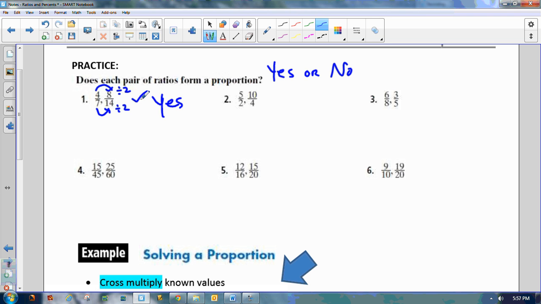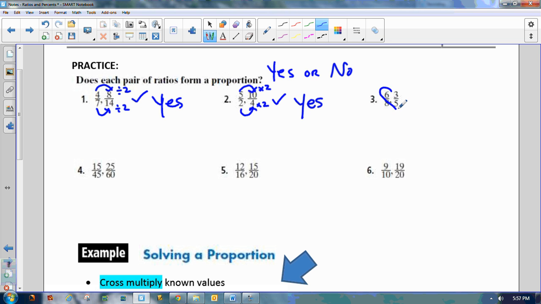Looking here at number 2, 5 to 10, I would have to multiply by 2. So go down to your denominators. 2 times 2, does that give us 4? If it does, we're going to check mark it and we're going to write yes. Now if we have something like here, these are small numbers, so I want to just try cross products here.